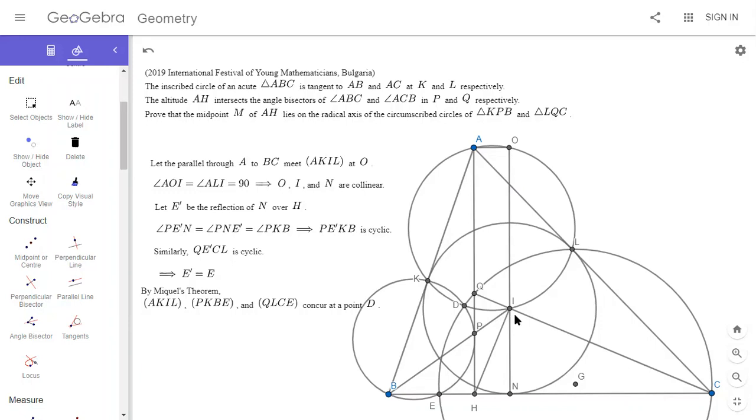So we want to show angle ODI plus angle IDE is 180. I think, do we want to show angle ODI is equal to angle BKD, which is equal to angle ALD? So we want to show angle ODI is equal to angle ALD, is that right? I feel like it should just be an angle chase. Let me just think this through.